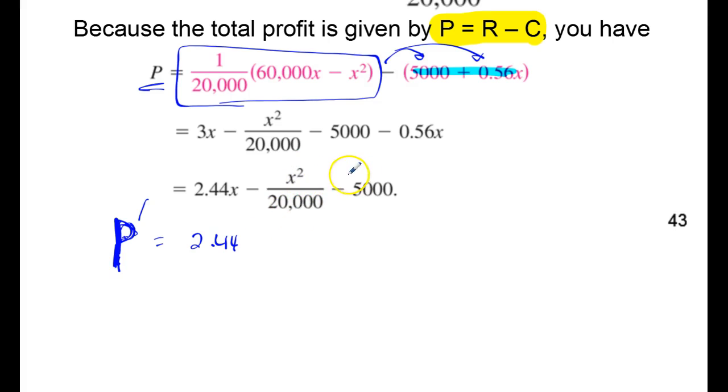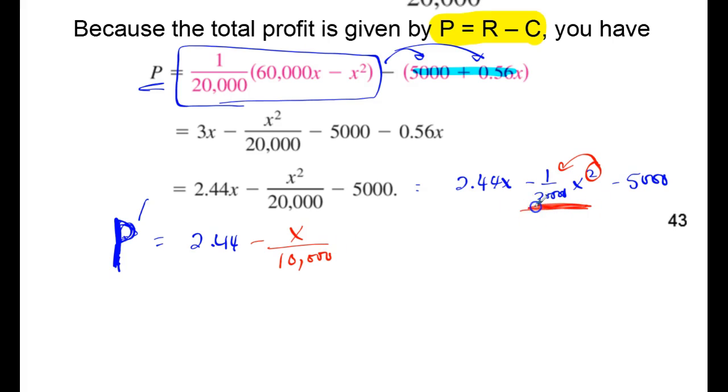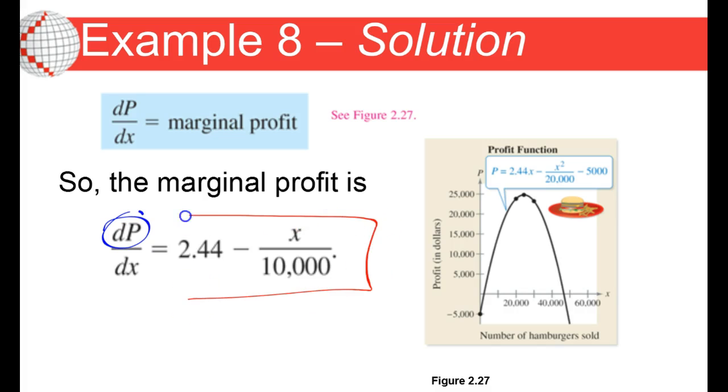So you could think about this being 2.44x minus 1 over 20,000 x squared minus 5,000. Now the 5,000, when you take the derivative of the constant, it'll go away. But this 2 times the negative 1 over 20,000 will give me negative 1 over 10,000. But I have an x in there as well, so I'll just say x over 10,000. So the derivative of this became this red. So that's how they got to this point.